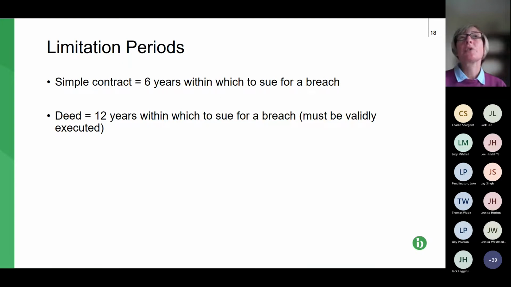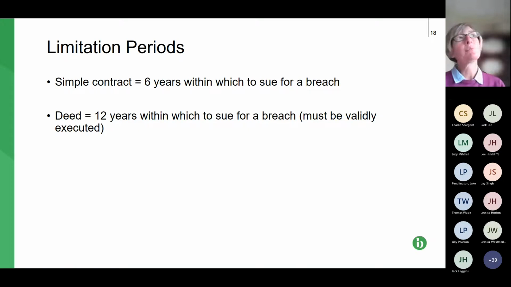Next thing I want to look at is limitation periods, relevant particularly for contractors and subcontractors, because typically this is about how long you are responsible for defects in the work that you've carried out.